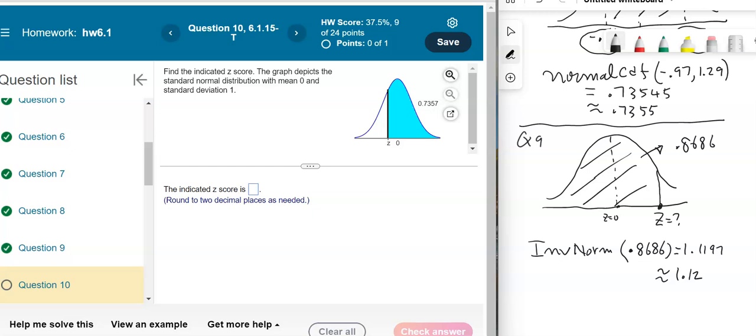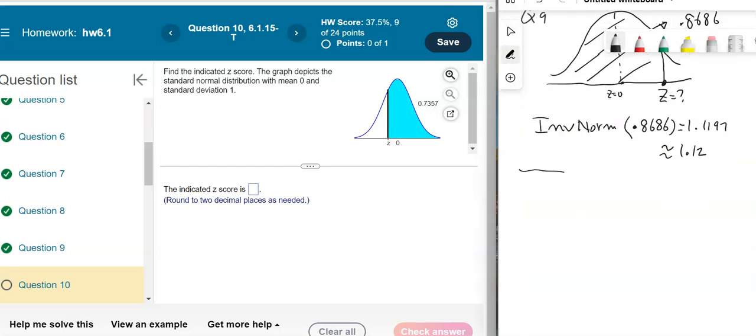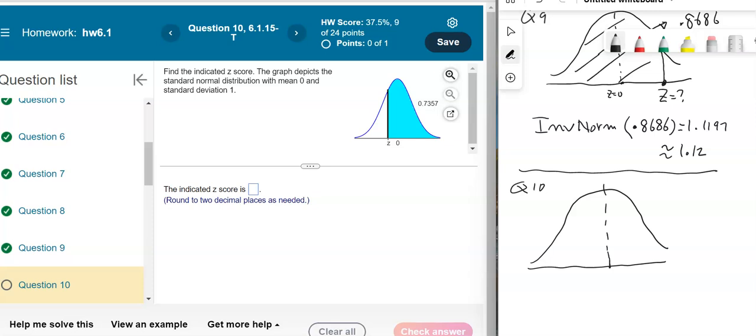Now, next one, almost same idea. Question number 10. They want you to find that z value there. The z value is 0. This area is 0.7357. But we need to find the z. What is this value right here? It is negative. If this area is 0.7357, this area is 0.2643, isn't it?